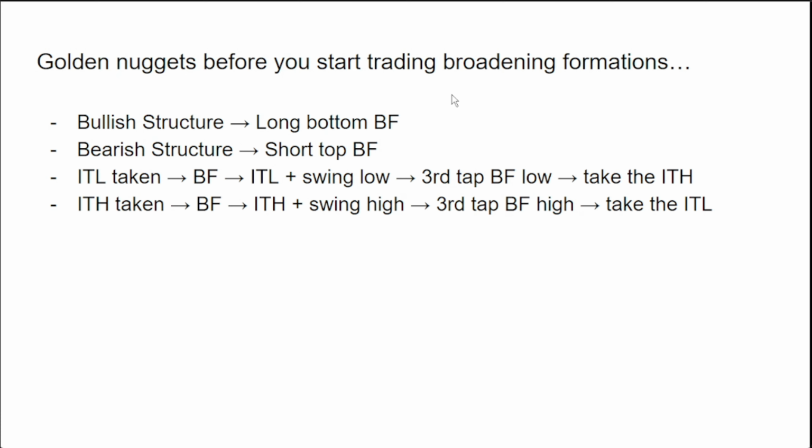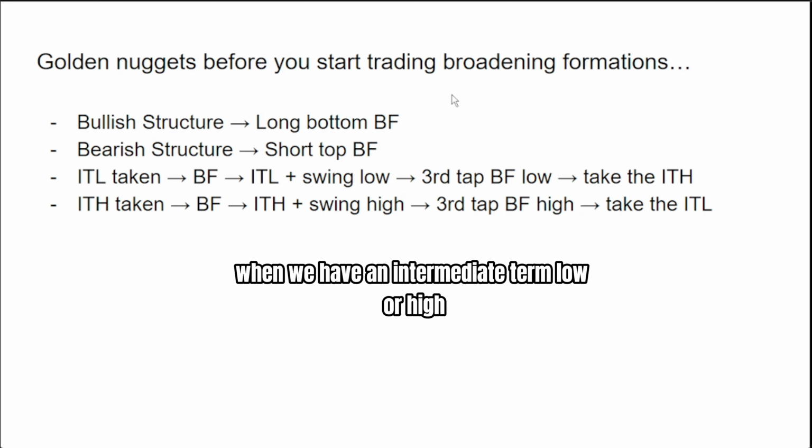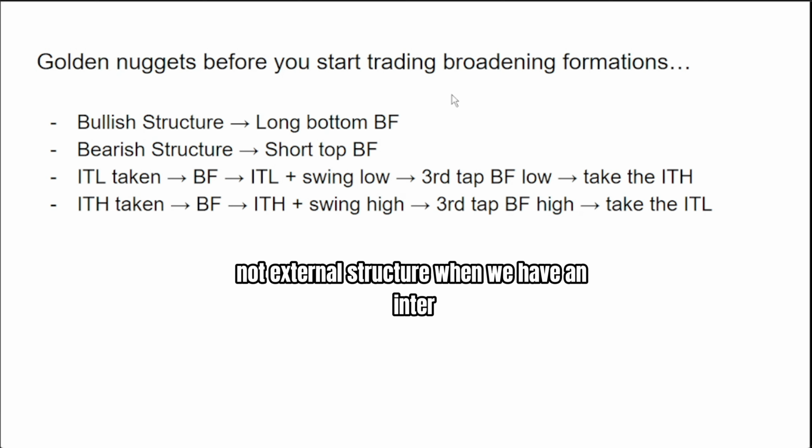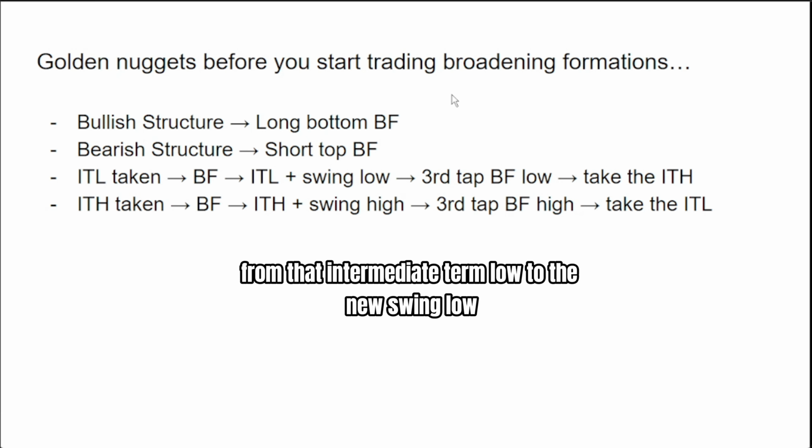Now, when we have an intermediate term low or high that gets taken, so this is like internal structure, not external structure. When we have an intermediate term low that gets taken, you want to draw a BF from that intermediate term low to the new swing low that's made.